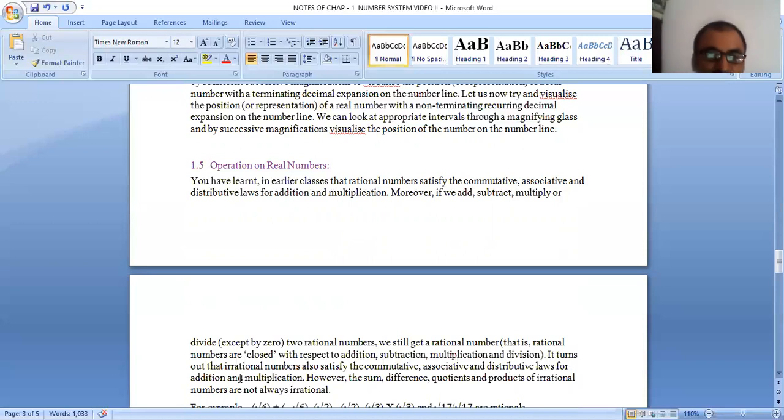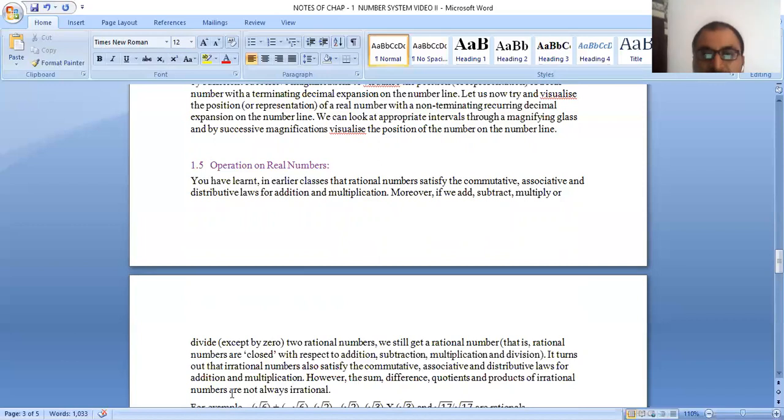It turns out that irrational numbers also satisfy the commutative, associative, and distributive laws for addition and multiplication.